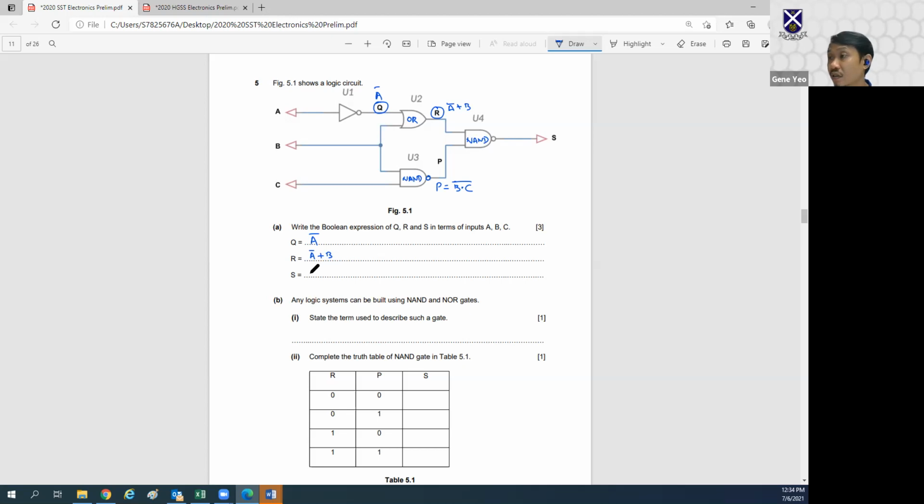So I have B and C complement, and A complement or B complement. Of course, I have a circle here, which means I need to complement the whole thing like this.